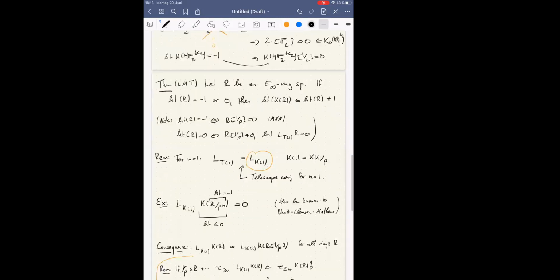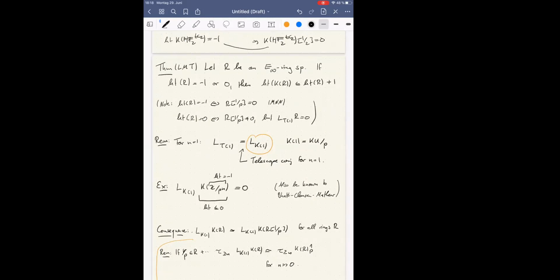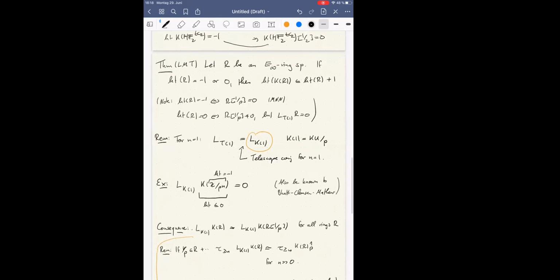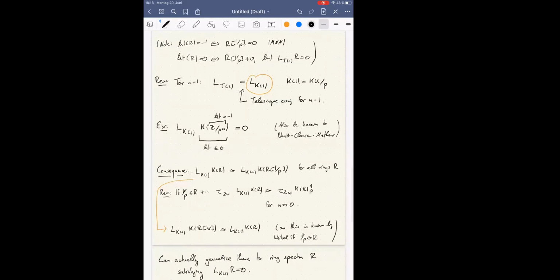The main example, already interesting but simple, is the K-theory of Z/p^n. If you K(1)-localize, it becomes 0. This implied that K(1)-local K-theory has this nice property: it's insensitive to inverting p, and it's homotopy invariant.